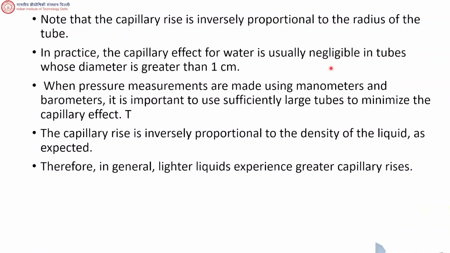So the photo that we saw from Cengel's book, what was the diameter? 4 mm, right? So there you can see a little bit of capillary action, a little bit of contact angle. But in large tubes, that effect is not much. Okay, so if we use manometers, then you need to have sufficiently large tubes so that the capillary effect is not much.